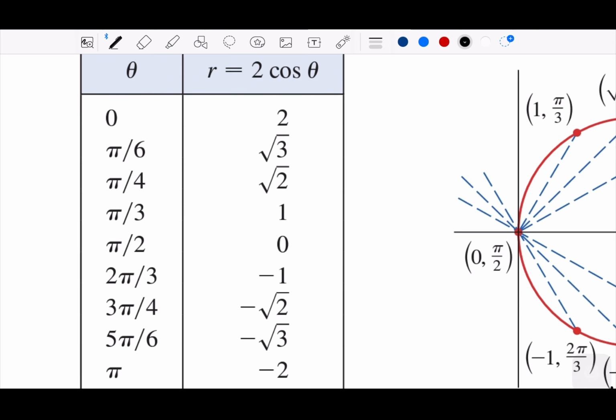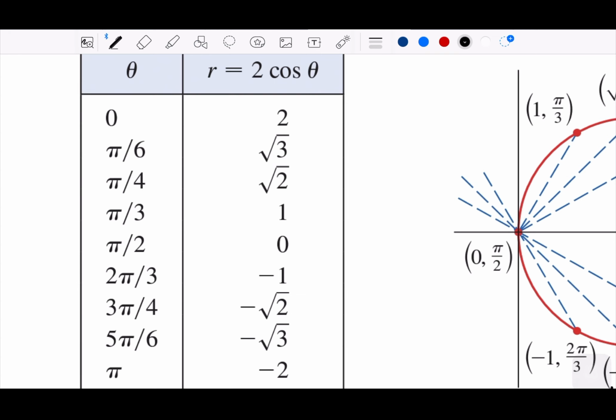Okay, so at 0 it is 2, at pi over 6 the cosine is half square root of 3, so it is divided by 2, it becomes square root of 3, and so on. As you can see, all the numbers here.